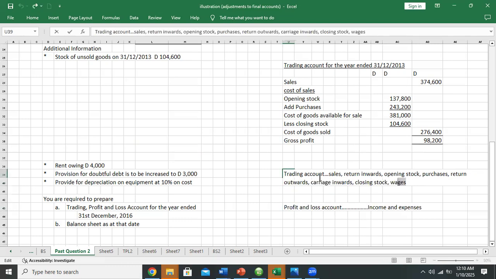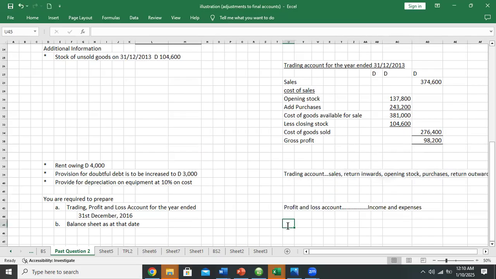Okay, so it's always important you note these items. Any item that is not supposed to be in the trading account, don't push it there. Now, the last one which we'll look at is the balance sheet. And in the balance sheet, what you put in there are assets, liabilities, and capital.